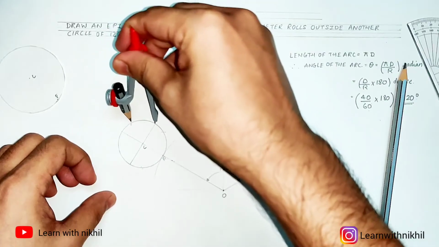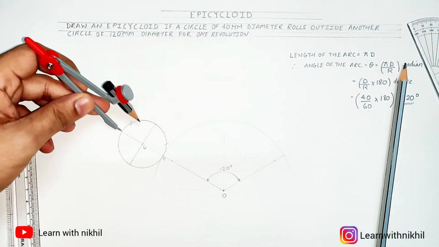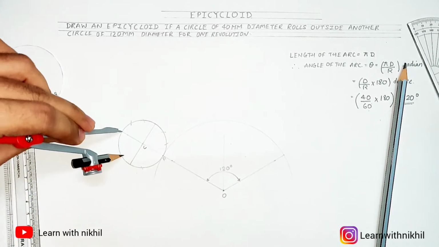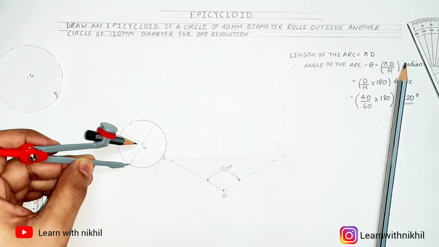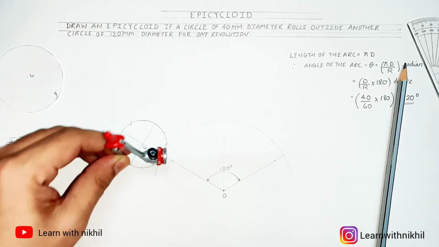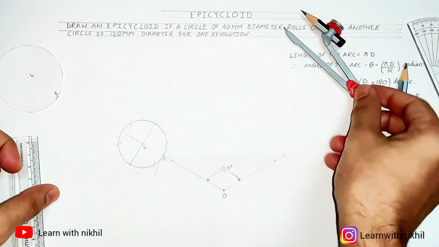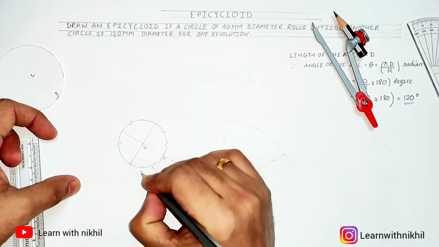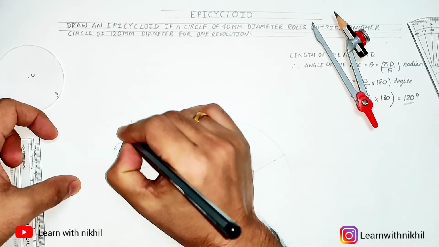You can divide it into 6 equal parts or 8 equal parts, but the more divisions you take, the more points you get to plot, so the curve becomes simpler to plot. After the division of the circle into 12 equal parts, I'll name them 1 to 12 on each arc.